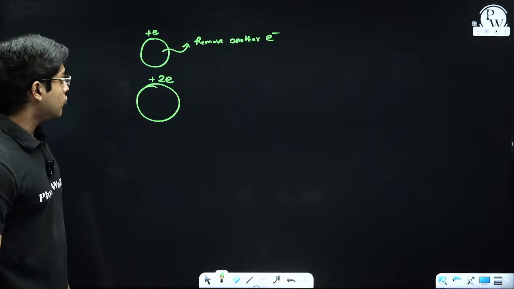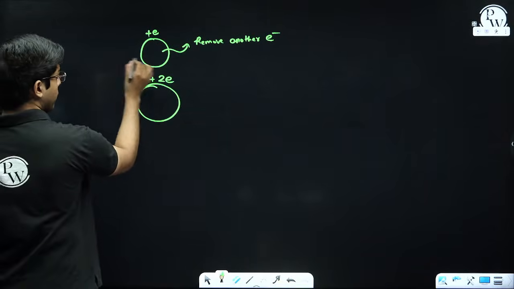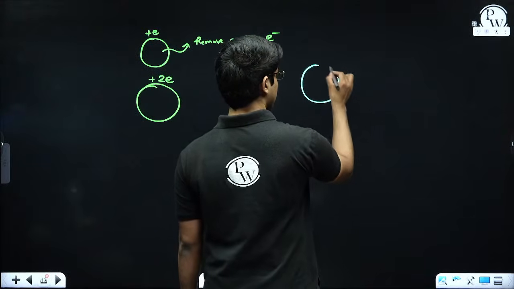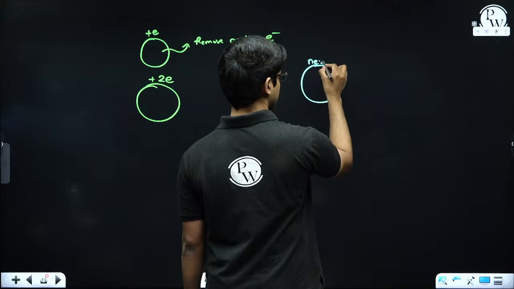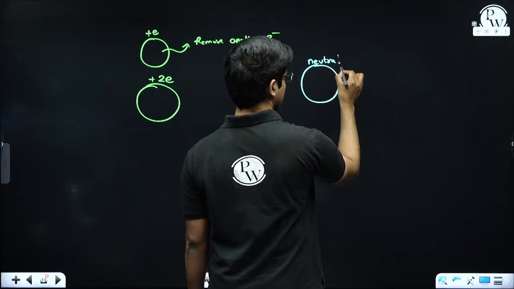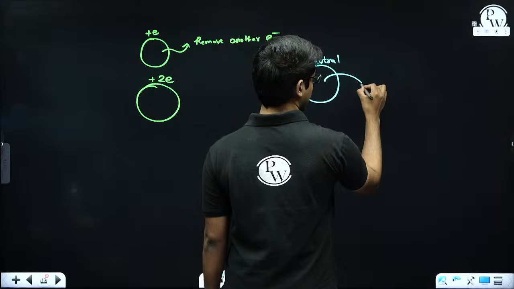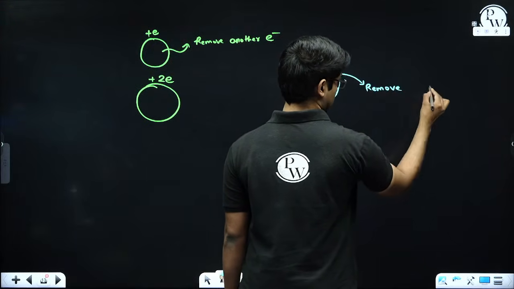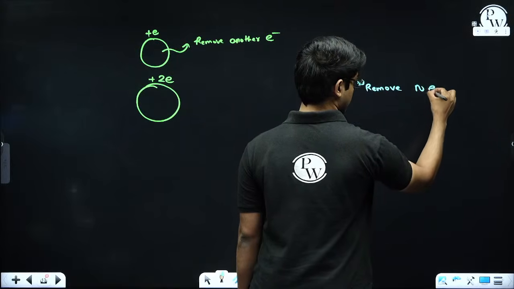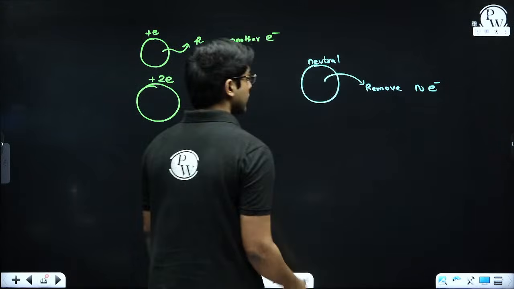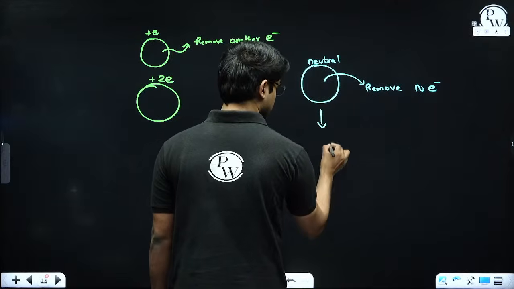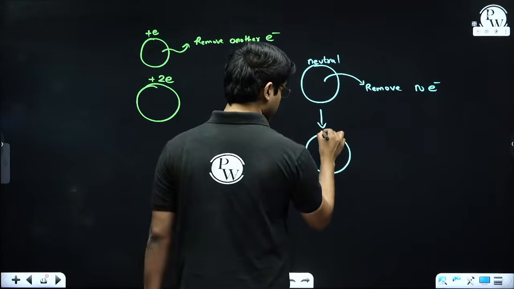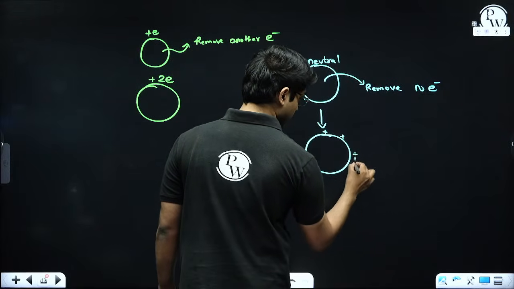Okay. So my question is, if we pull out n electrons from the neutral body, n is some integer, then what will be the new charge? Then the thing is, this body will now be positively charged, right?